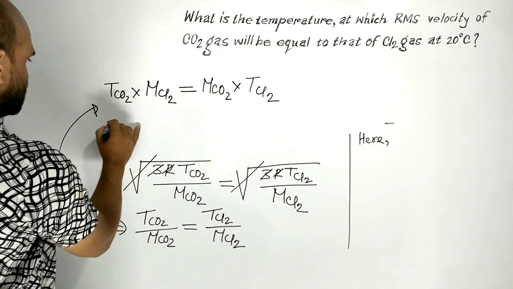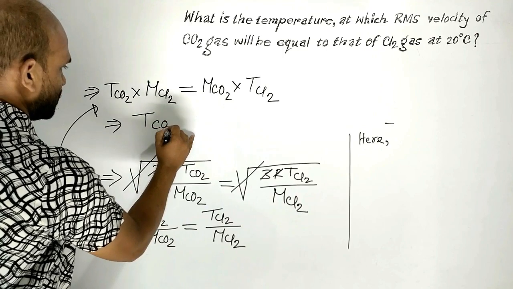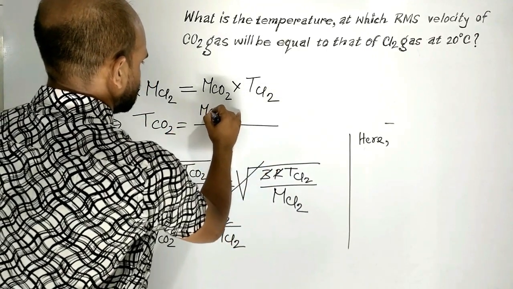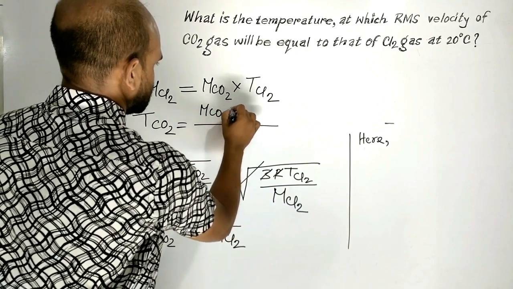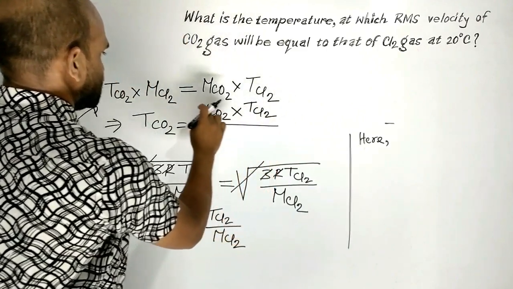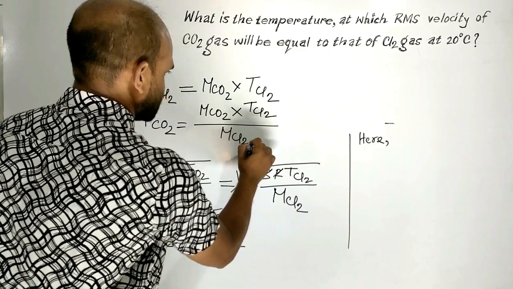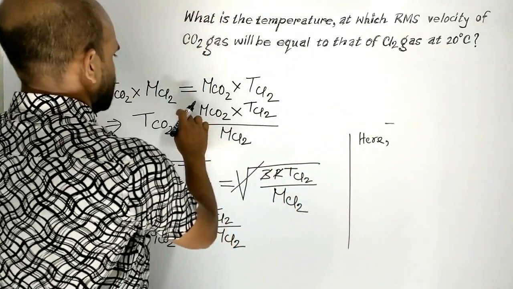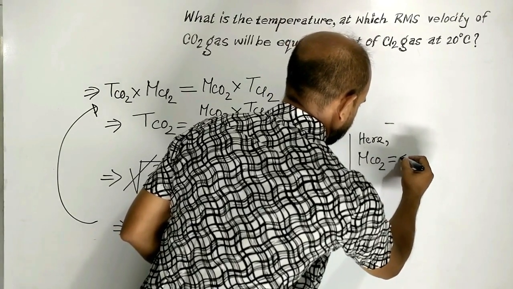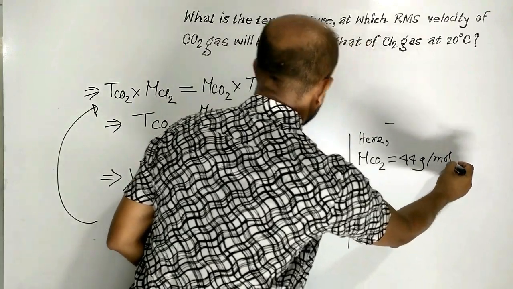Then Kelvin temperature for carbon dioxide gas is equal to molar mass for carbon dioxide gas into Kelvin temperature for chlorine gas divided by molar mass for chlorine gas. Here molar mass for carbon dioxide gas is equal to 44 gram per mole.